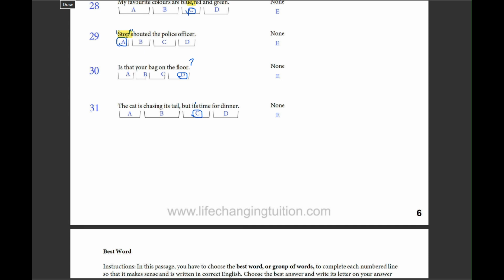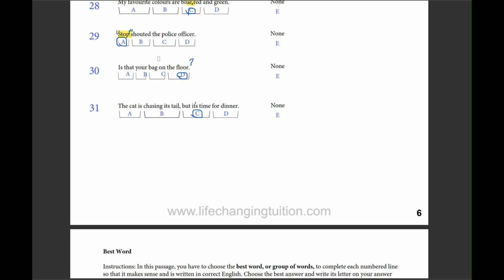Therefore, the correct answer we are looking for is A, stop. The explanation for this is that when we have direct speech, the actual words spoken should be enclosed in quotation marks, and since stop is a command or strong emotion, it should also have an exclamation mark. So the sentence should correctly be written as "Stop!" shouted the police officer.